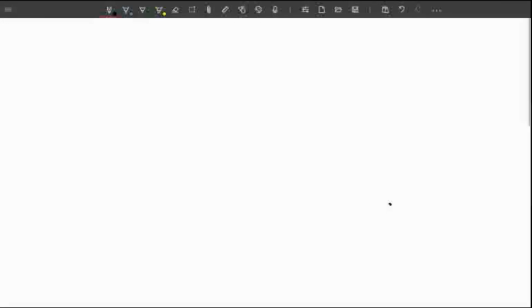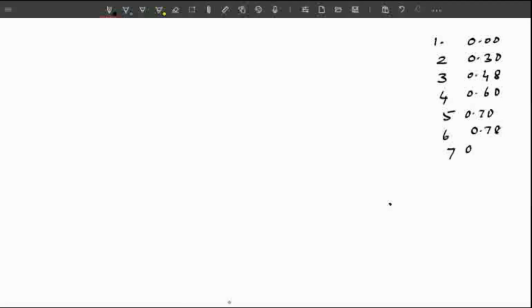Shall I write it once again? 1 is 0.00, 2 is 0.30, 3 is 0.48, 4 is 0.60, 5 is 0.70, 6 is 0.78, 7 is 0.85, 8 is 0.90, 9 is 0.95, and 10 is 1.00. Okay, this is a ready reckoner.